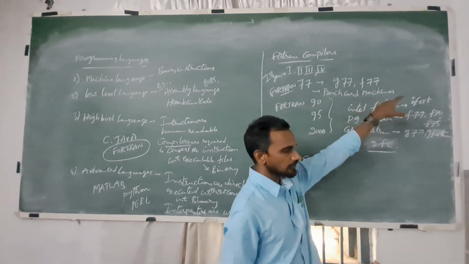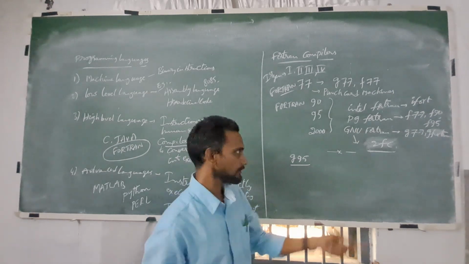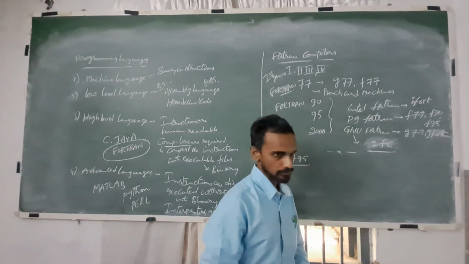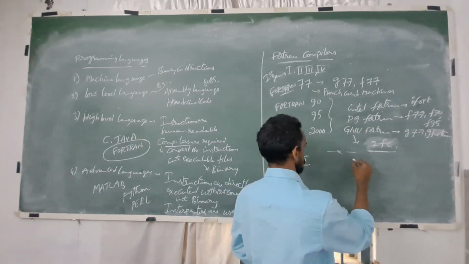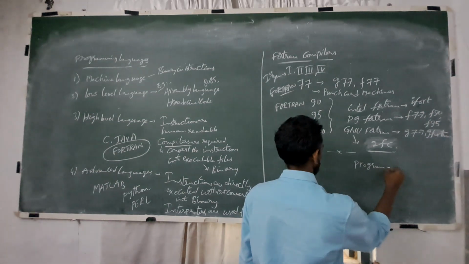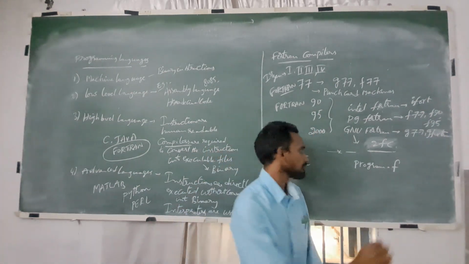The extension given to the code file will decide which version of FORTRAN is used. If you give .f extension, it is considered as 77.